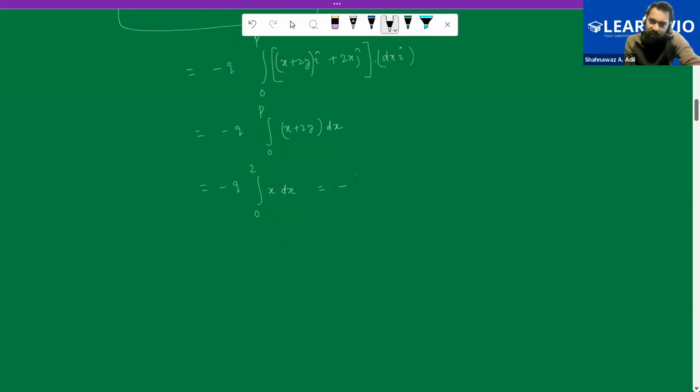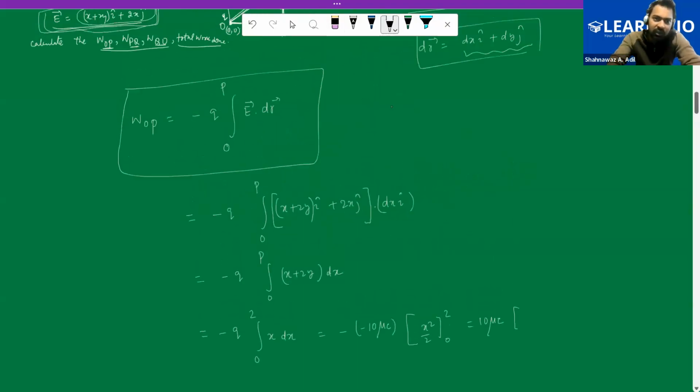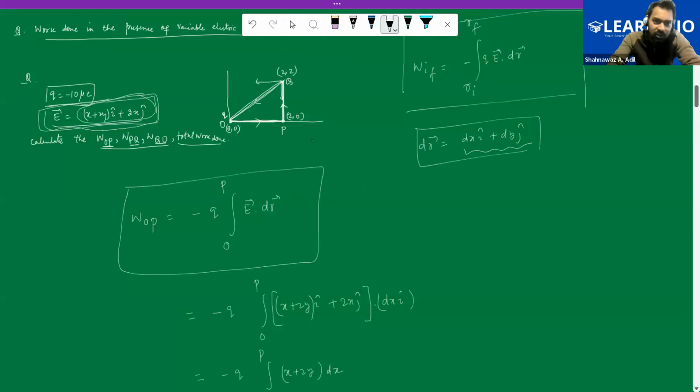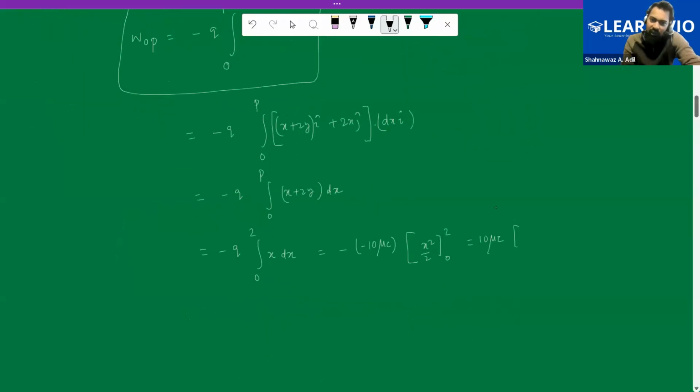So this would be simply minus q, which is minus 10 microcoulomb, and then this integral is x squared by 2, from 0 to 2. So how much would this be? This is 10 microcoulomb, and then x squared, so 2 squared. Is the unit in centimeter or meter? Okay, let's say all these are in meters.